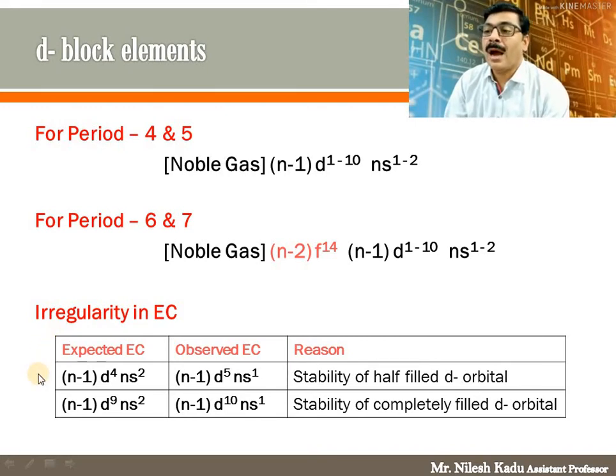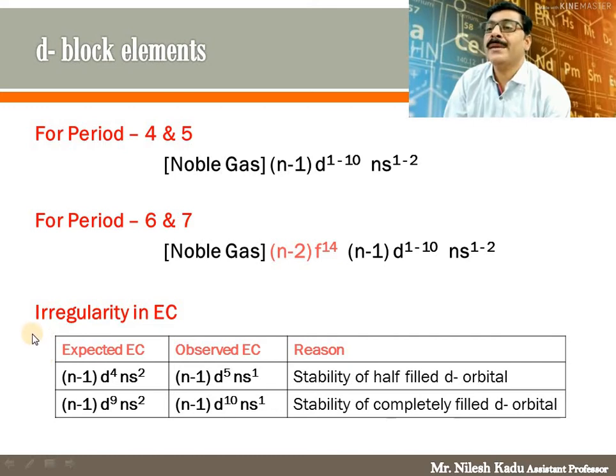Friends, a half-filled orbital or completely filled orbital is more stable than partially filled orbitals. Due to this, irregularity in electronic configuration occurs.